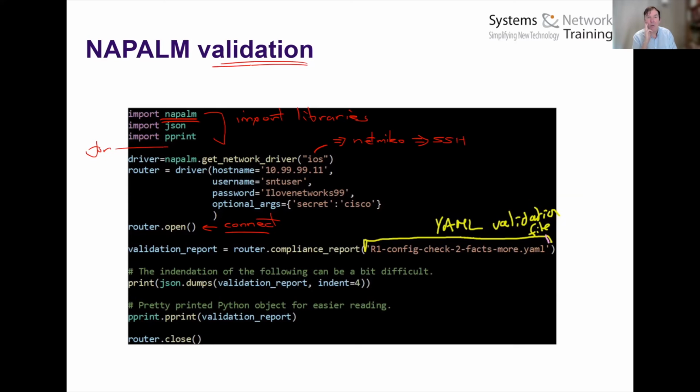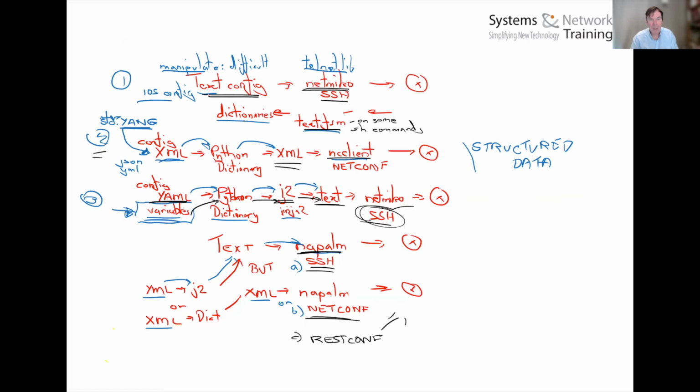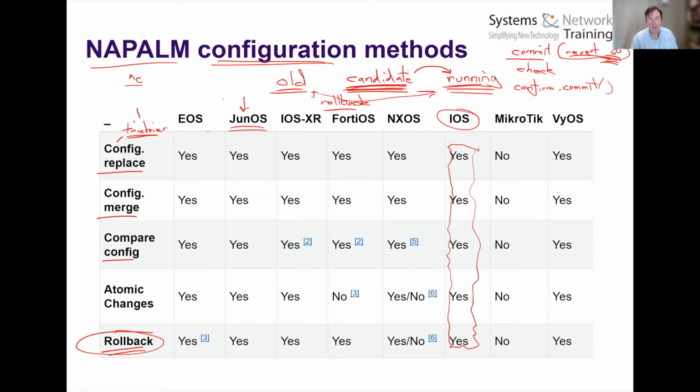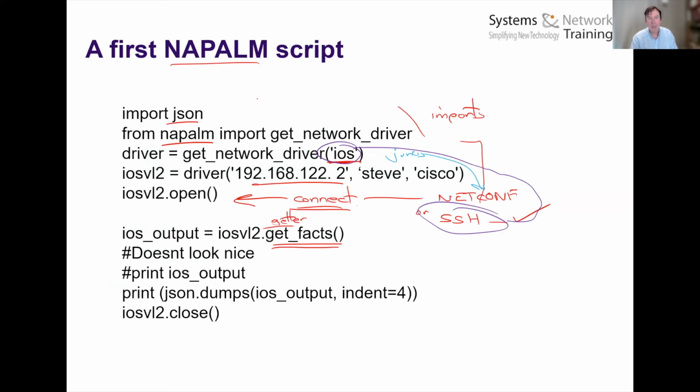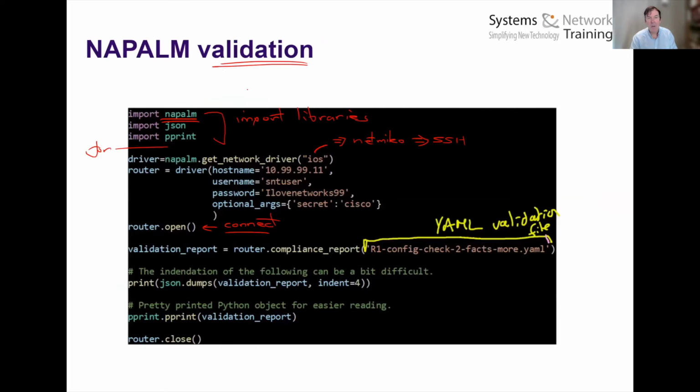Something you should do, if you remember what I said, is you can work on a candidate. I was talking about working on a candidate before you actually commit. So the idea is you could change the config. This isn't doing all this, but what we could do is change the config on the device, but then we can test it.